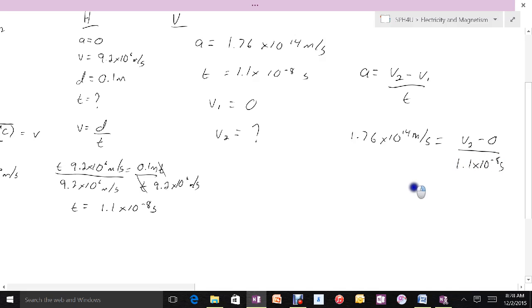So I get a final vertical velocity of 1.93 times 10 to the 6 meters per second. So now I've got a horizontal velocity and a vertical velocity, and I'm asked for the total velocity. So I'd still have that last step of recombining these two components.